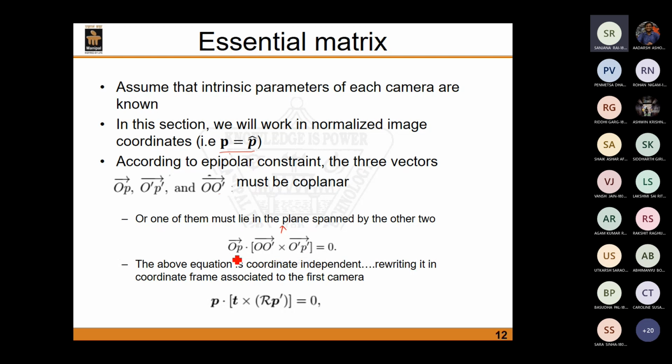Now, I can interpret this in terms of the coordinate transformations that we have seen earlier. O is the origin, the camera center of the first camera, and O dash is the camera center of the second camera, and it lies along the baseline.